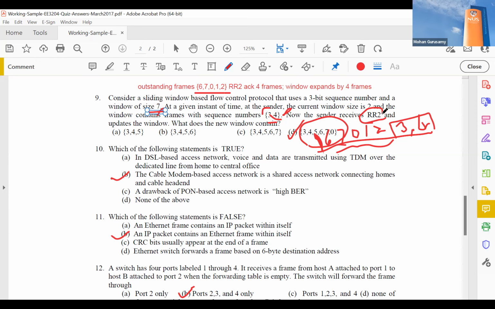That means the receiver is acknowledging all the previous frames: 1, 0, 7, 6. How many such frames are there prior to 2? There are 4 frames, 6, 7, 0, 1. So it is expanding by 4.